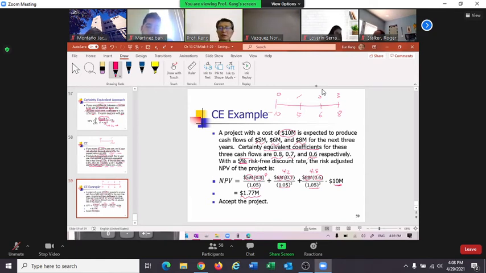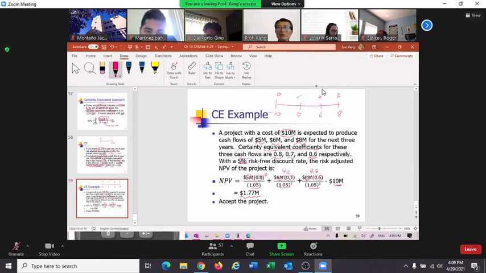How would you solve this one faster? On your calculator, cash flow. Great answer. You're right.